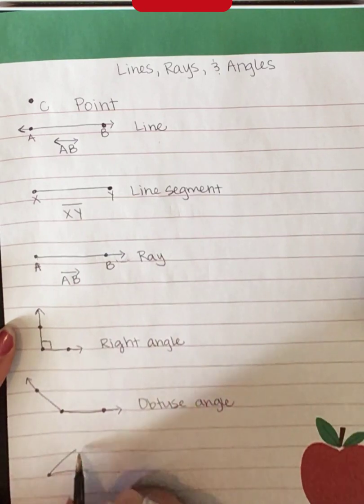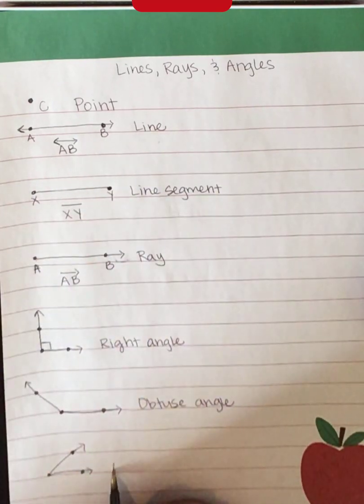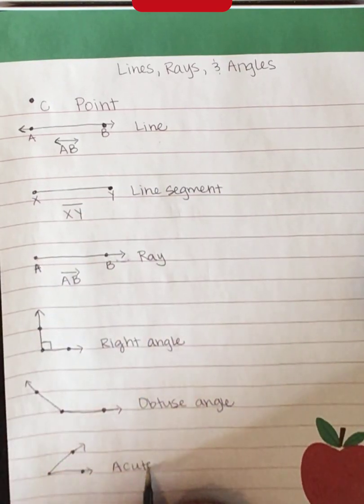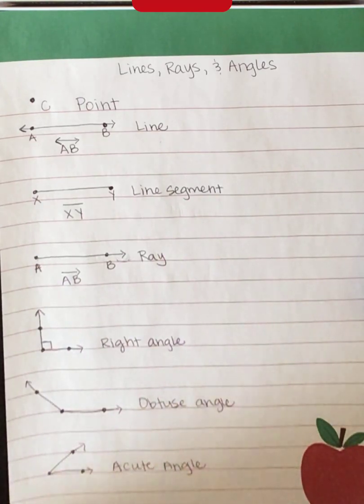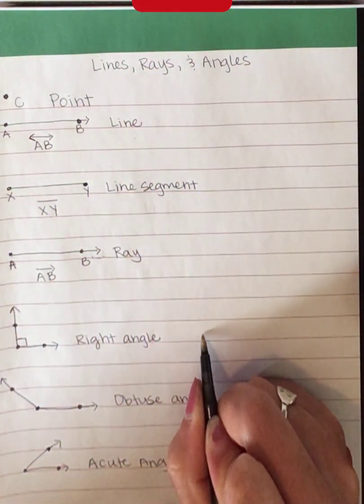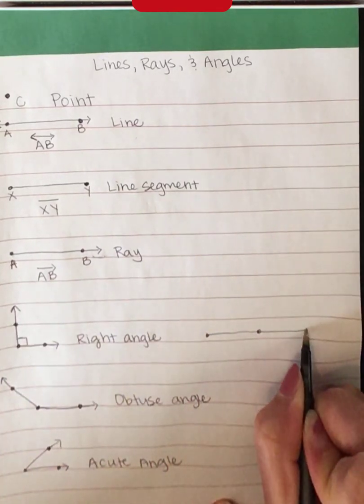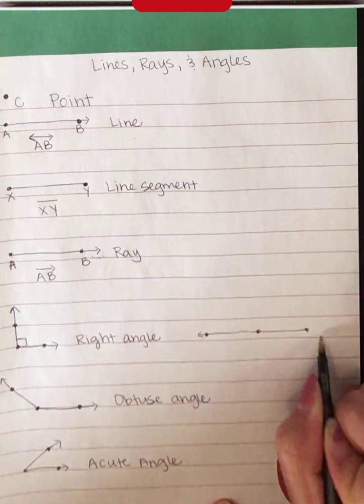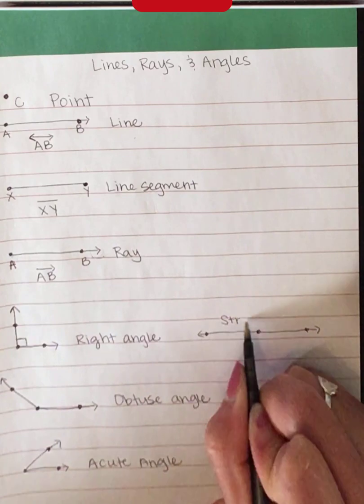And I remember this angle because it's little, and I would say that it's the cutest. This is called an acute angle. This is just an introduction lesson to all of this, so don't worry. All we're going to be doing is identifying these things. And the last angle that we have, the last note for today, is called a straight angle. And that one's real easy to remember because it's a straight line.